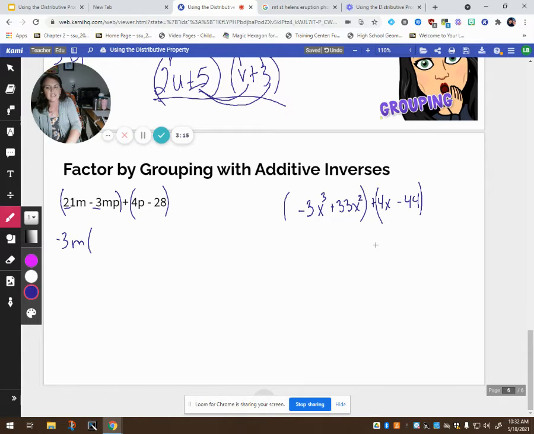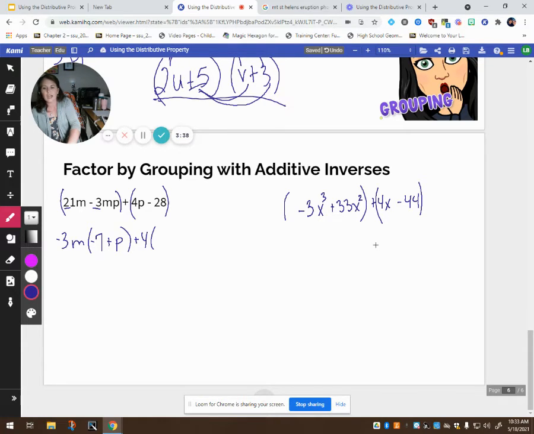If I divided this by negative 3, I'm going to be left with a negative 7, right? That m's already out there. If I divide this by negative 3, that leaves me with just a positive p, because I already took out that negative 3m. Okay, looking here, what are they both divisible by? They are both divisible by, I could do a positive 4 or a negative 4. It doesn't matter.